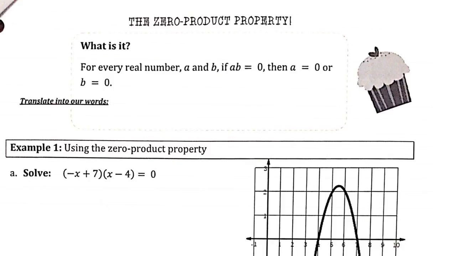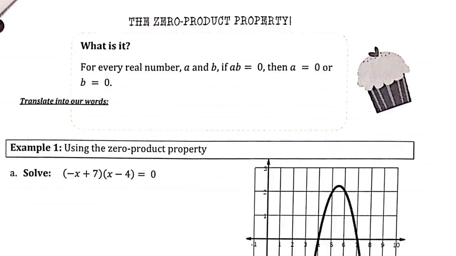To solve these quadratics, to get these 2 different equations, we're going to use the zero product property. What that is in math lingo, it's for every real number a and b, if a times b is equal to 0, then a is equal to 0 or b is equal to 0.